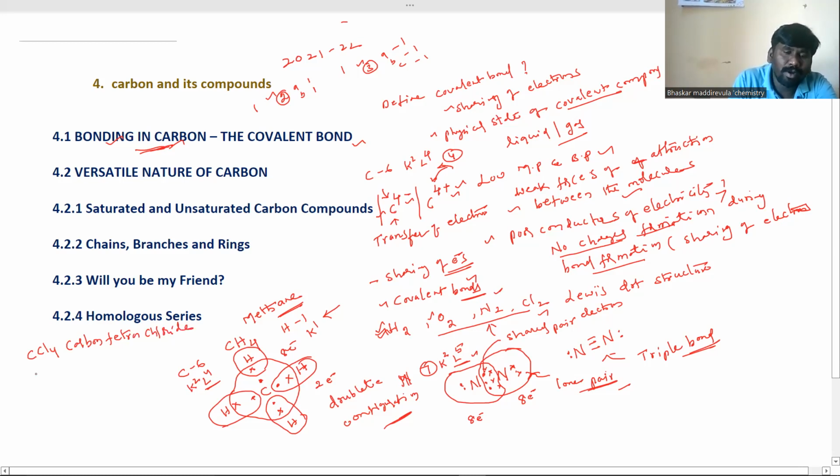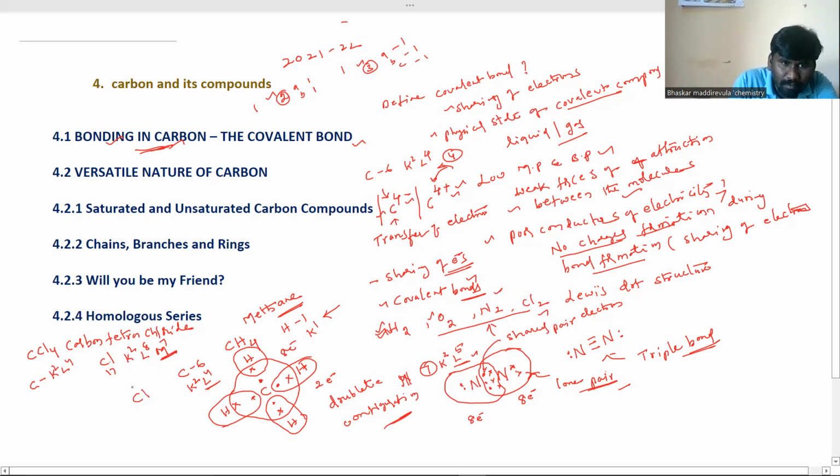Here also, we already know carbon has valency 4, K2L4. Chlorine has atomic number 17, so K2L8M7. Chlorine requires 1 electron to get the octet configuration. Chlorine has 7 valence electrons in its Lewis dot structure.